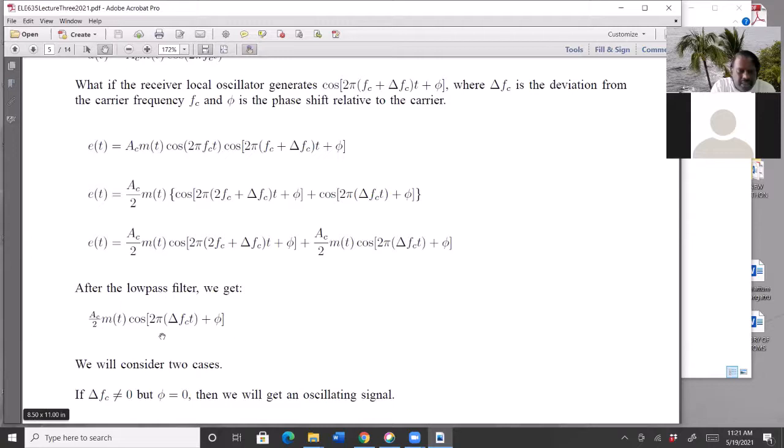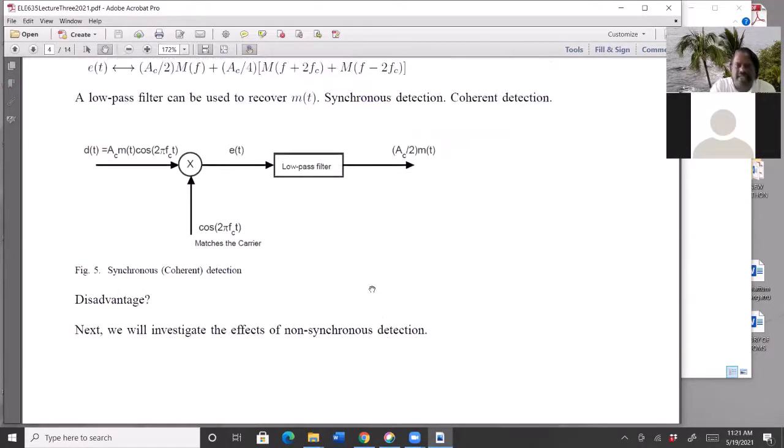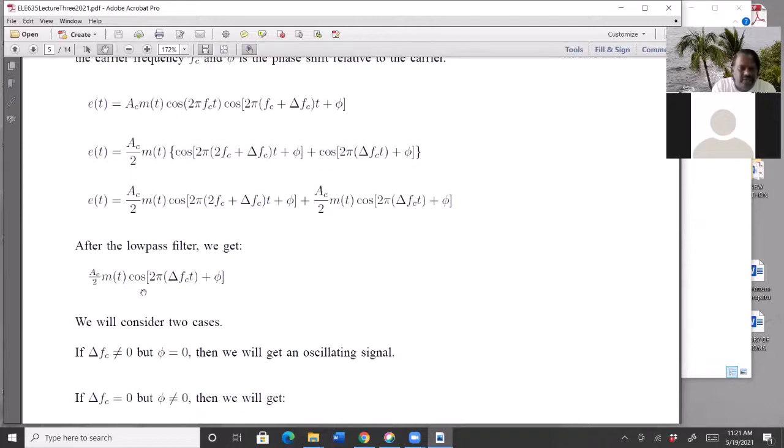So earlier we didn't have this cosine term with delta phi. We got Ac over 2 m(t) earlier with perfect synchronization. Now we are getting Ac over 2 m(t) times these cosine terms.